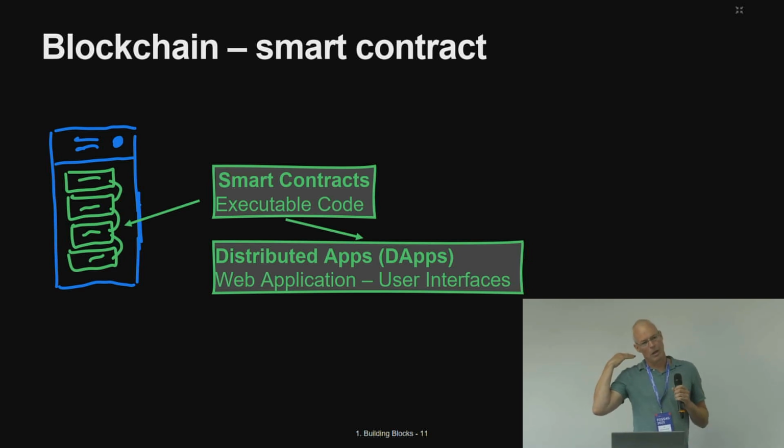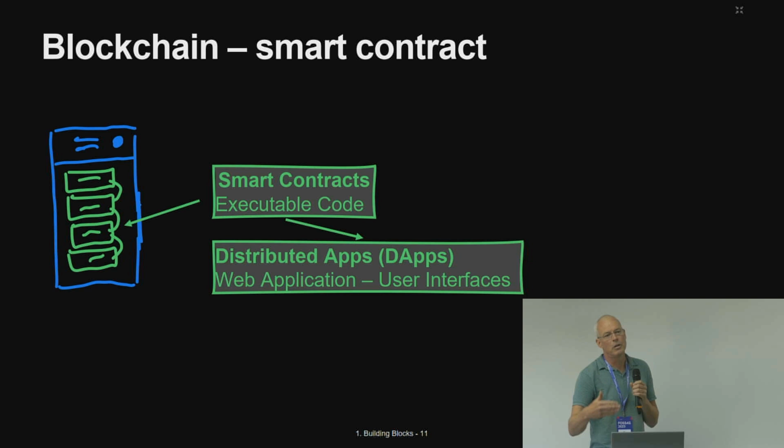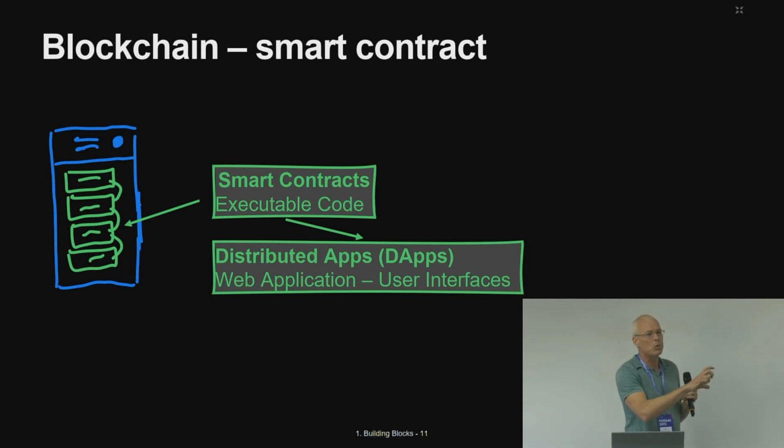So executable code that's triggered from outside and executed on these nodes. That's the interesting thing on that. And if you expose interfaces to the end users via web, you talk about distributed apps or dApps.